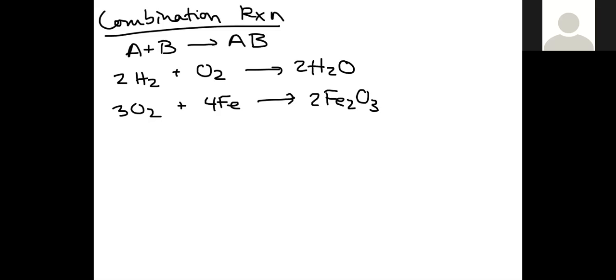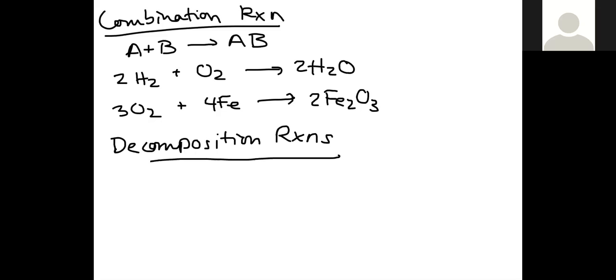Decomposition reactions are exactly the opposite. They decompose into multiple things. So you start with one reactant and get more than one product. You can actually have the exact opposite reaction of the combination. For example, if I wanted to look at the decomposition of Fe2O3, it would just be the opposite of what I wrote above.